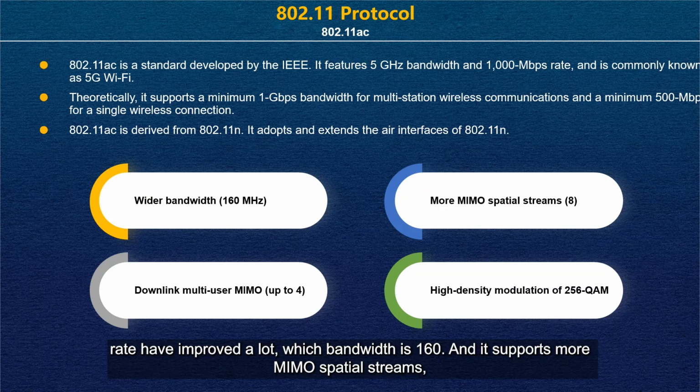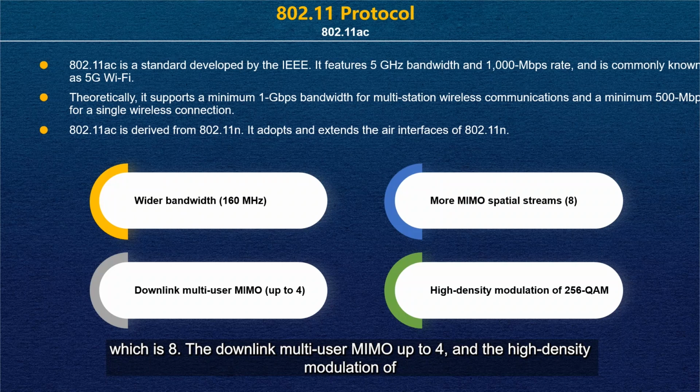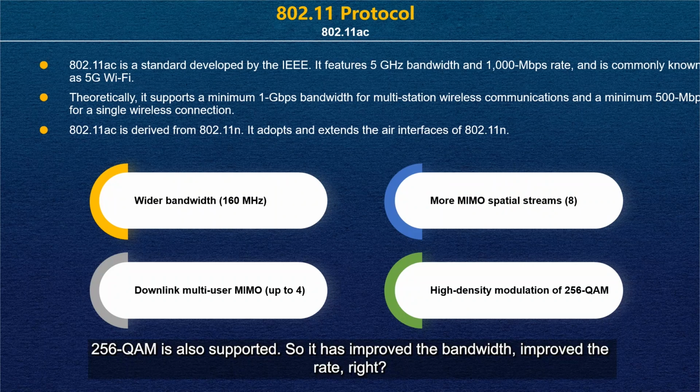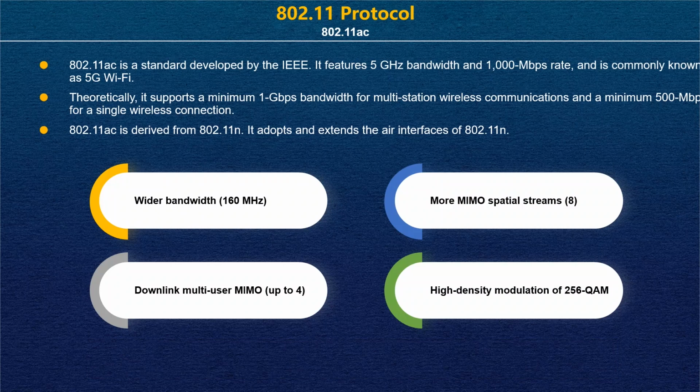The bandwidth is 160 MHz, and it supports more MIMO spatial streams, which is 8. The downlink multi-user MIMO is up to 4, and the high density modulation of 256 QAM is also supported. So it has improved the bandwidth and the rate, right?